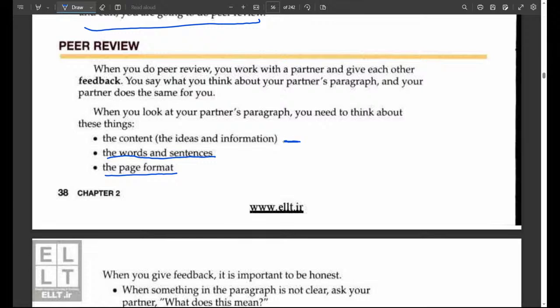So the content, the idea and the information shared, the words and the sentences, and the page format: indent, capital letters, punctuation, sentence beginnings and endings, sentence lines separation, distance between words and distance between words and the punctuation and all. Those shall be taken into consideration.